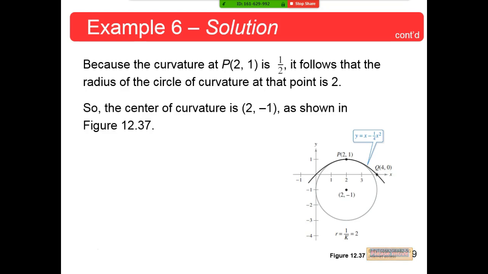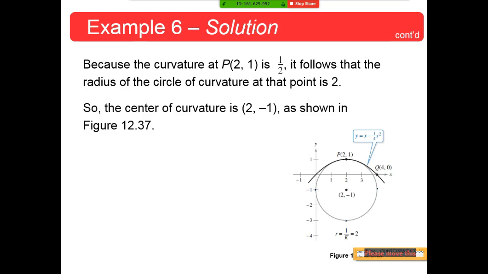To the left 2, 0, -1. Down 2, which would be 2, -3. So those would be the 4 points that define that circle. Okay? And then do your best to draw them. The parabola is the darker line. The circle of curvature inside that parabola is what's given there.